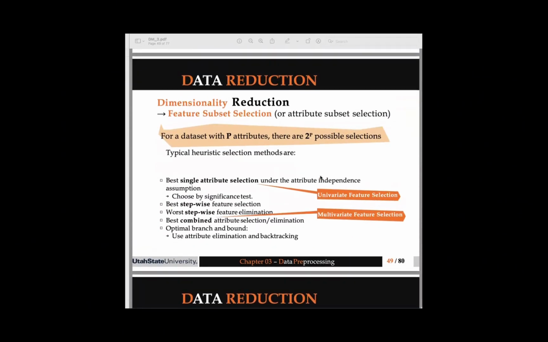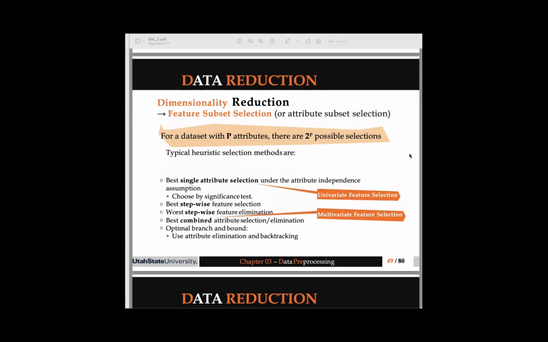Okay, so now we're moving to talk about data reduction from the perspective of dimensionality reduction by feature subset selection. All that we have been talking about so far is data or dimensionality reduction for the purpose of data compression, right?